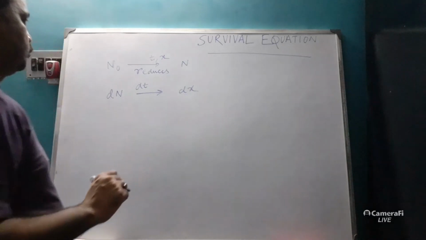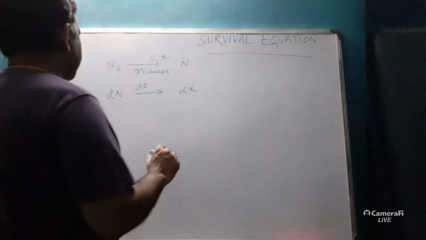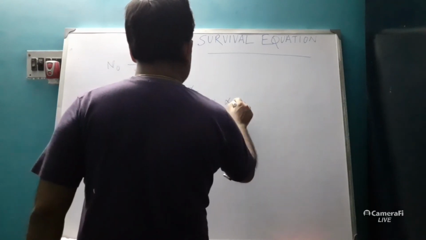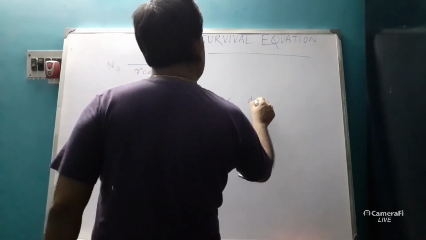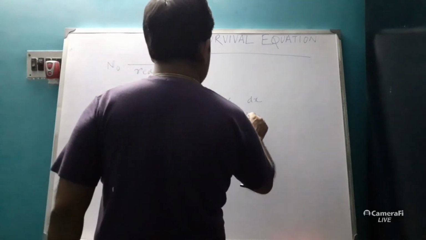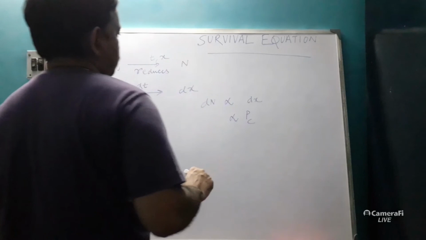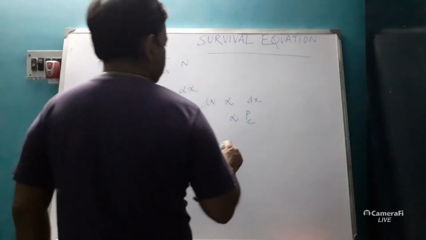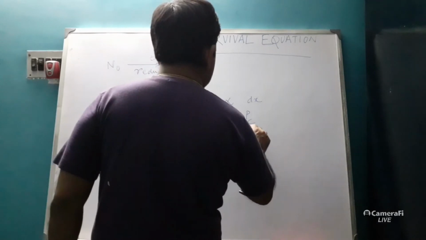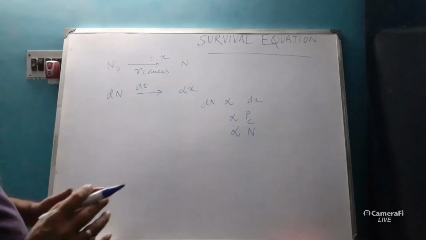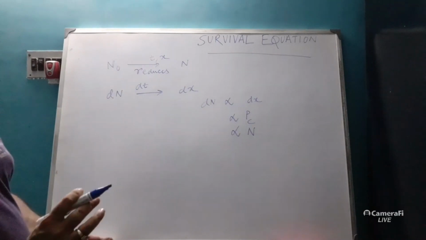Okay. So this leads to the understanding that the dn is proportional to dx, proportional to pc, the collision frequency, proportional to the number of particles that are considered into this particular system.